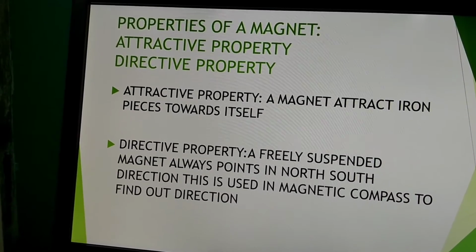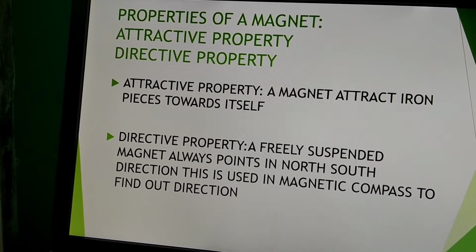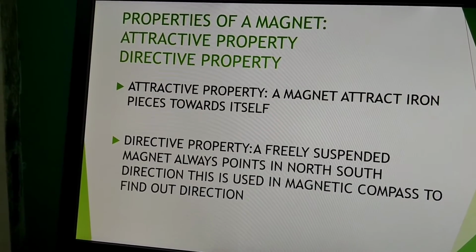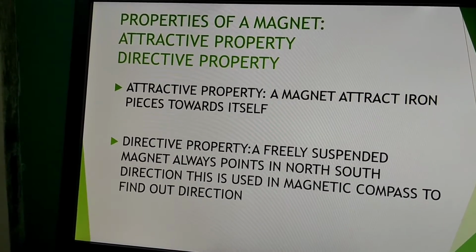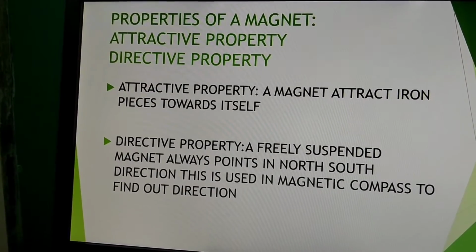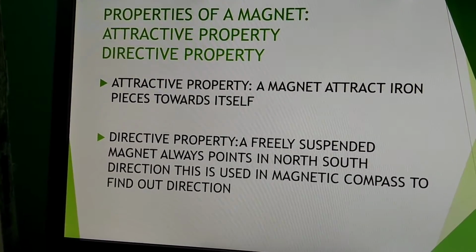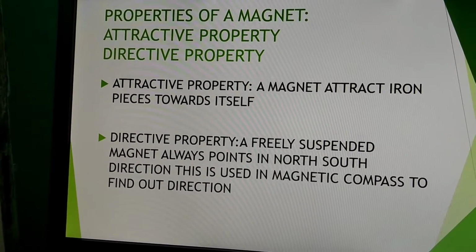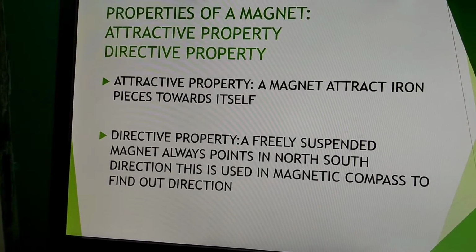Coming to the properties of a magnet. First one, attractive property. Second one, directive property. Now, attractive property: a magnet attracts iron pieces towards itself. This property of magnet is called attractive property.